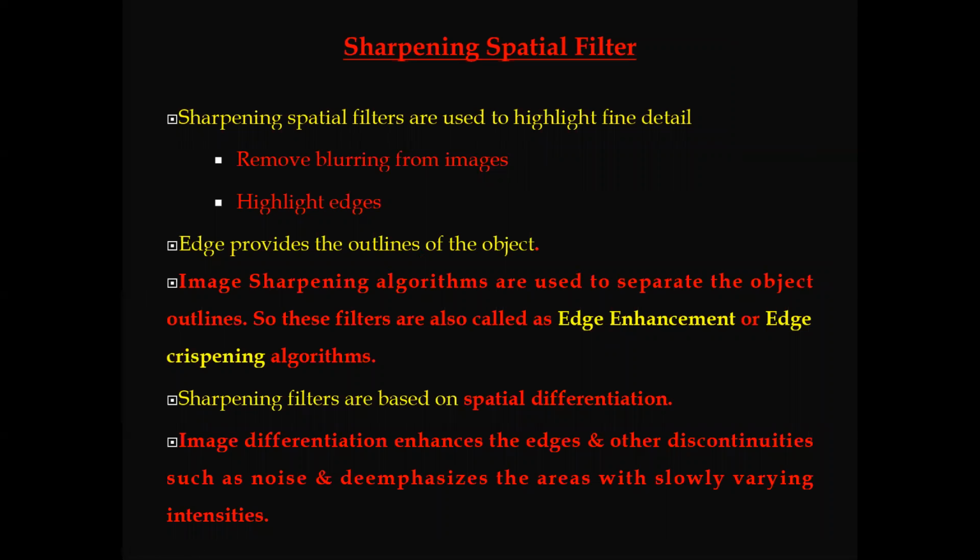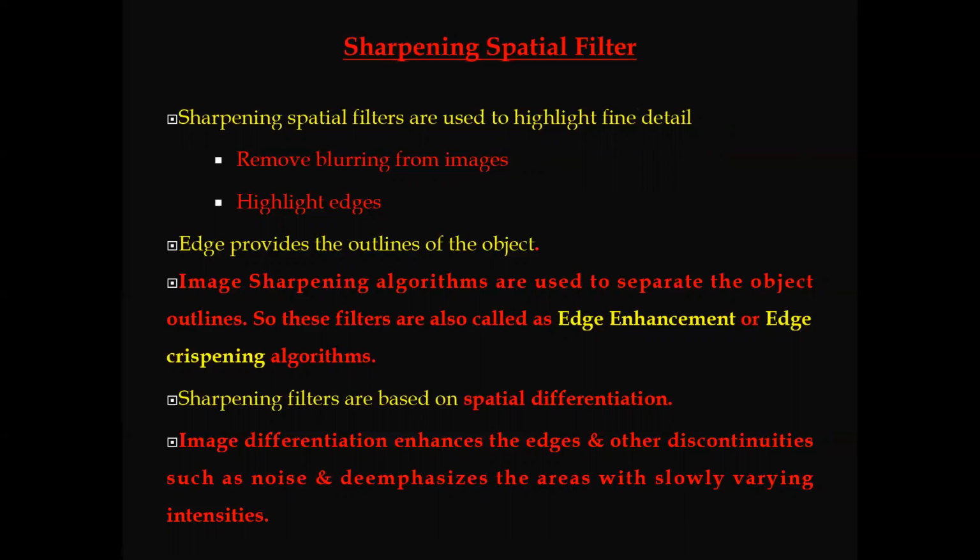Coming to sharpening spatial filtering, in the spatial domain we have sharpening filters also. The sharpening spatial filters are used to highlight fine details and majorly to remove the blurring from images, and for highlighting the edges, most of the time we will use the sharpening spatial filters.